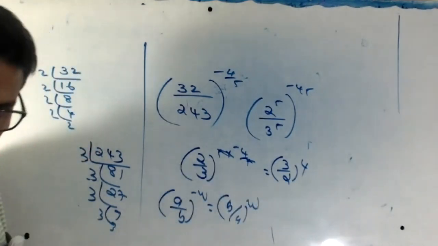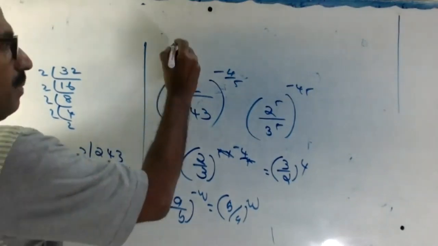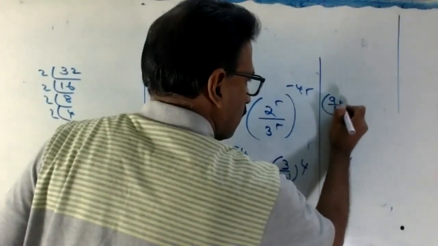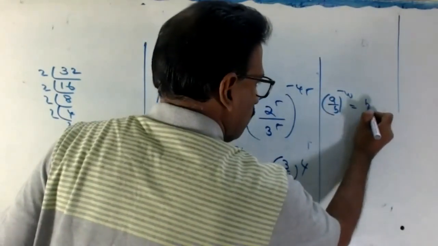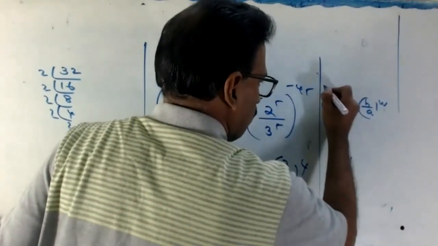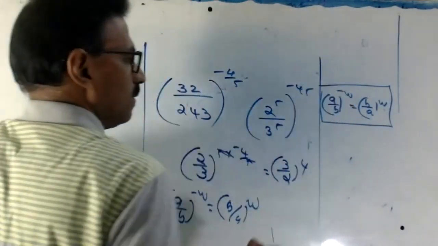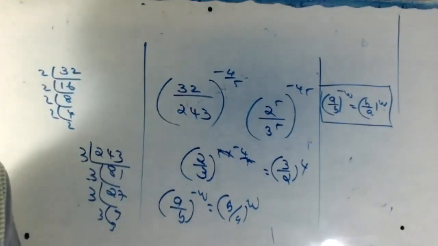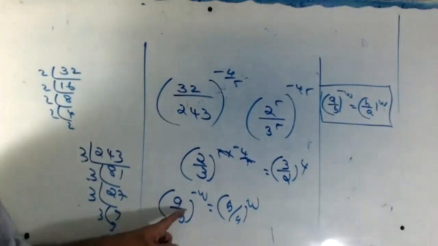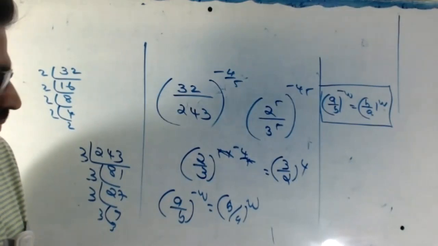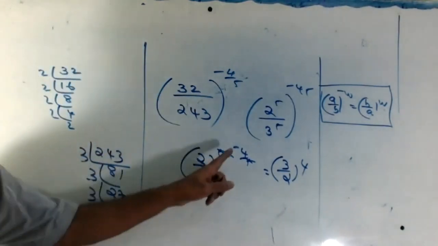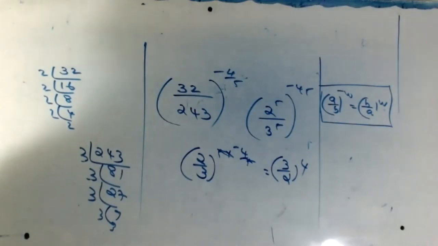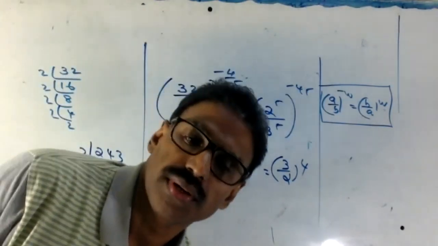Write this also in your column: a by b raised to minus n equal to b by a raised to n, in a box. So like that we got here 2 by 3 raised to minus 4 equal to 3 by 2 raised to 4. That is 3 raised to 4 divided by 2 raised to 4.